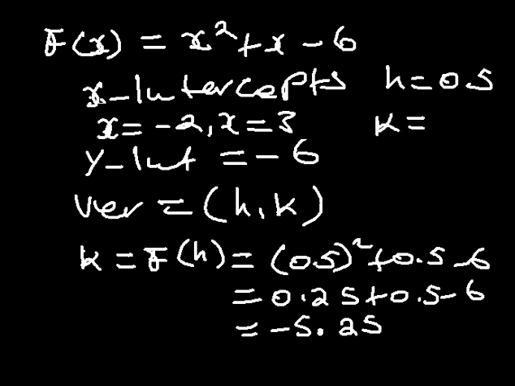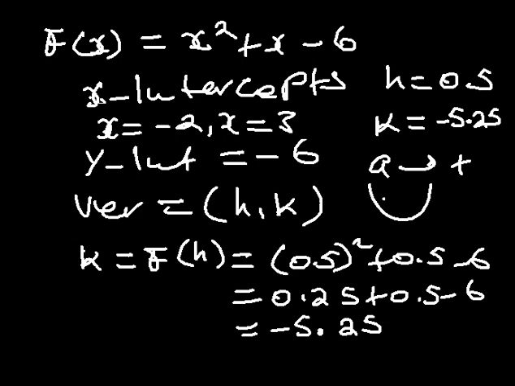So k is given as negative 5.25. So keep that in mind. And also, since the value of a is positive, it means the graph is concave upwards, so the graph will concave up.